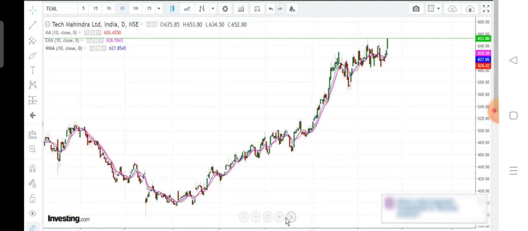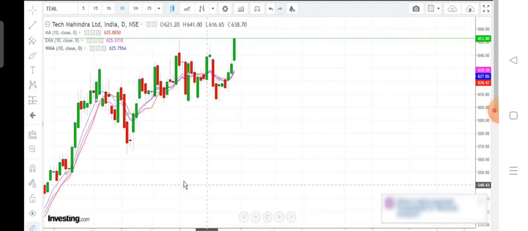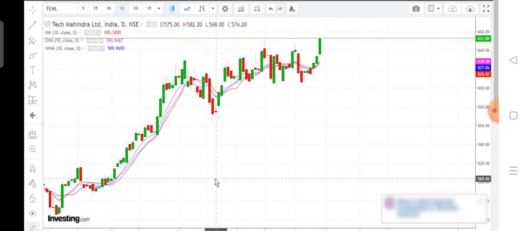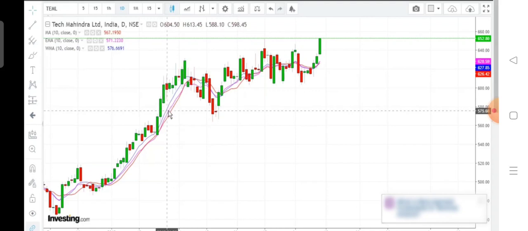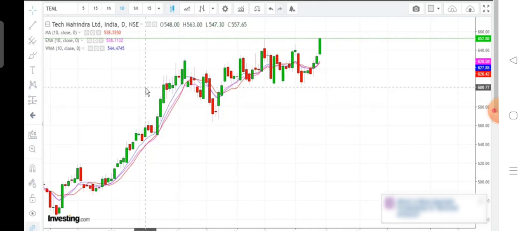Still, if we look at the chart, here we could find that the weighted moving average, that is the blue line, is moving a little bit faster compared to the red one, which is the simple moving average, the slowest one, and intermediate is the exponential moving average, which is represented with the pink line.